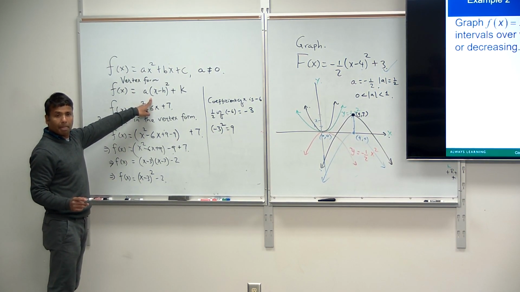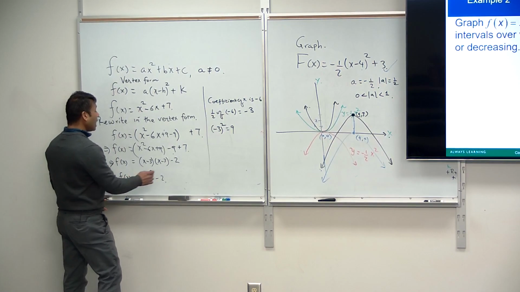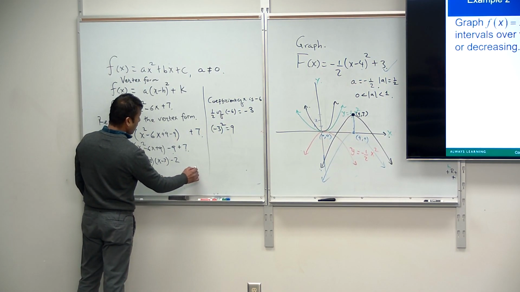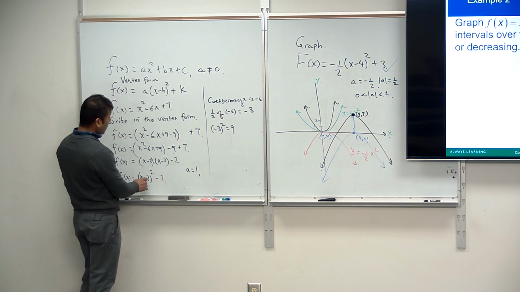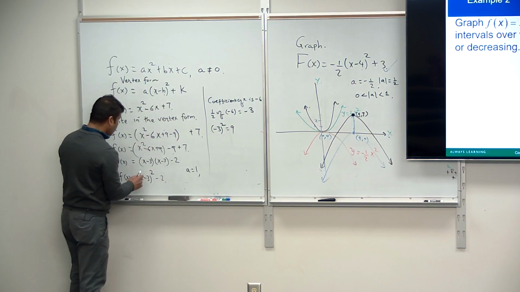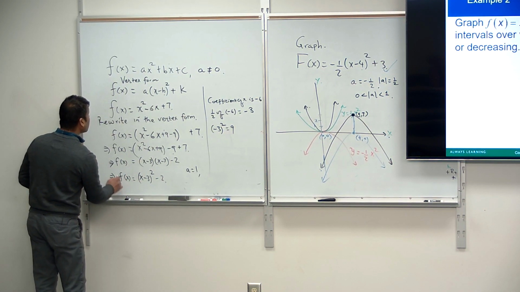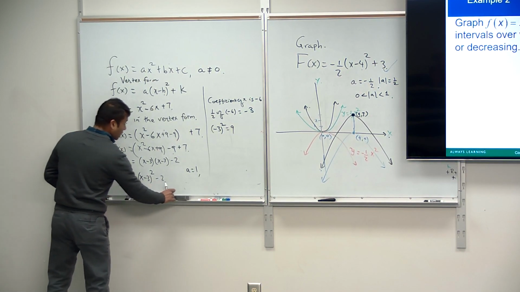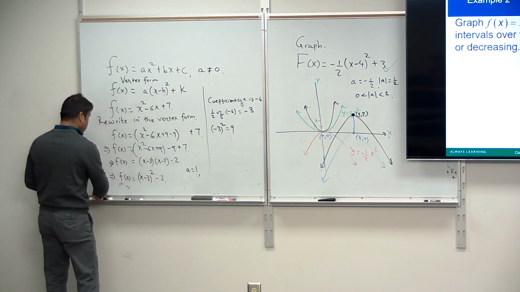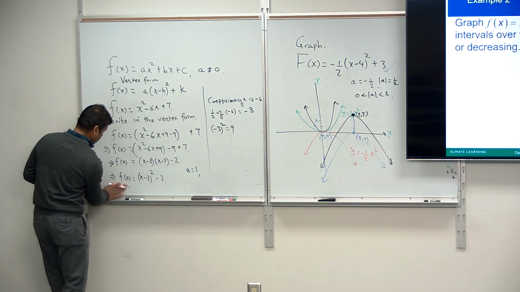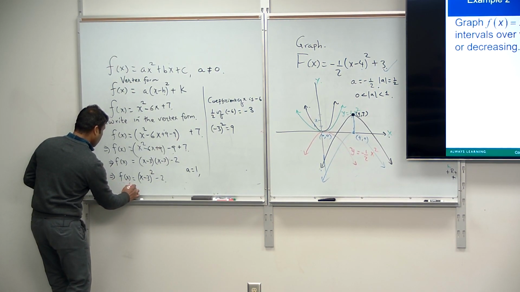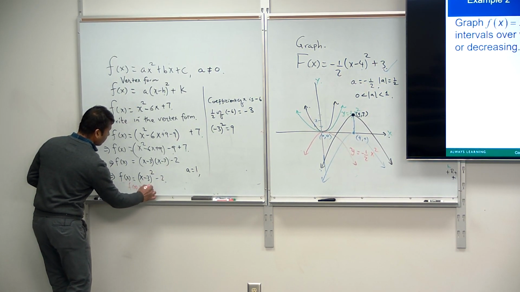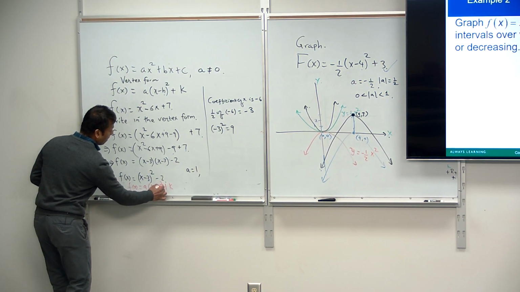Right? What is the value of a? a is 1. What is the value of h? You compare this with f(x) equal to a times (x minus h) squared plus k.